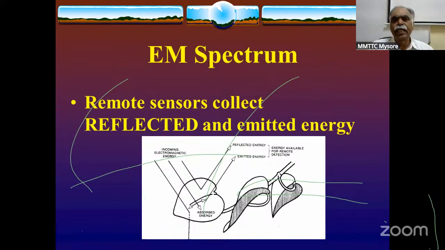Just like our smartphones have a camera, satellites are fitted with a sensor. That sensor will sense the reflected and emitted energy, and that data will be sent to the ground station, and the ground station processes it and finally gets the exact or real-time information.